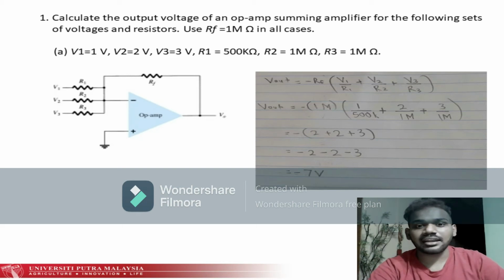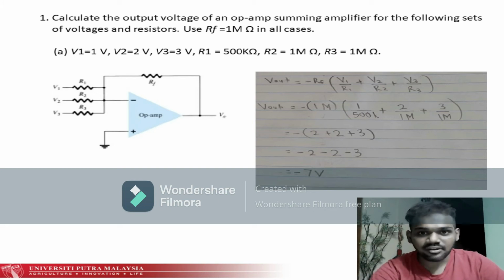So we can deduce the formula for this summing amplifier as Vout equals negative Rf (V1 over R1 plus V2 over R2 plus V3 over R3). By substituting all the respective given values into this formula, we find that Vout equals negative 7 volts.